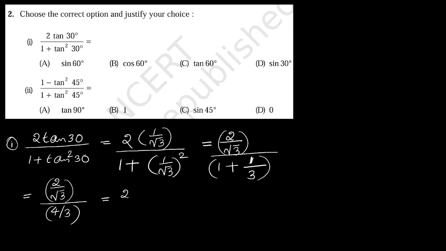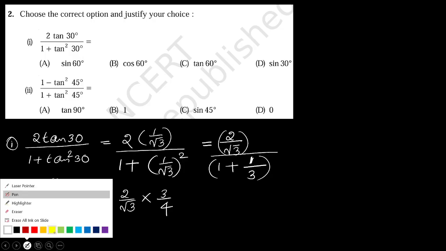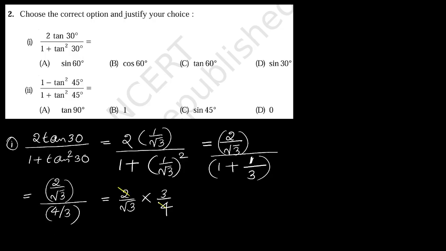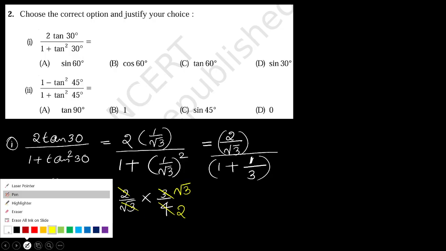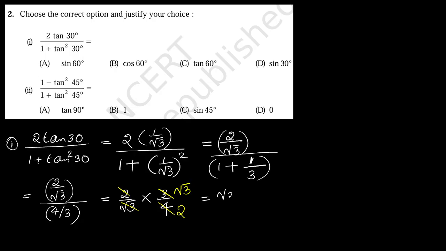You will get 2 by root 3 into 3 by 4, I mean multiplying with the reciprocal of the denominator. 2, 4 cancelling, you will get 2. 3, root 3 cancelling, you will get root 3. I got root 3 by 2.